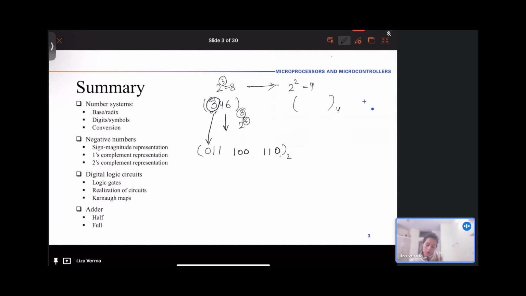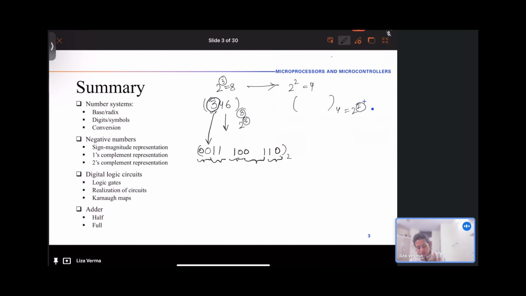Now to convert it back to a number system with base 4, that is 2 to the power 2, we'll have to make pairs of 2, because the power here is 2. So the pairs will be like this. And since this one is left here alone, we can add 0, it doesn't matter, and this will make another pair.